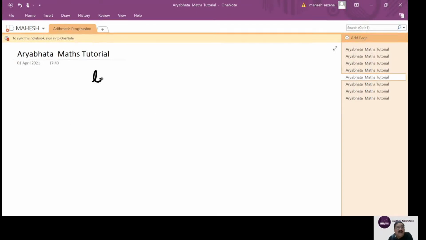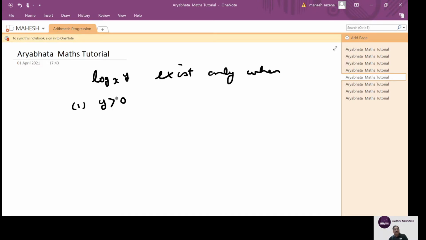Log base x of y exists only when, number 1, y should be greater than 0. It means this y should always be a positive number.